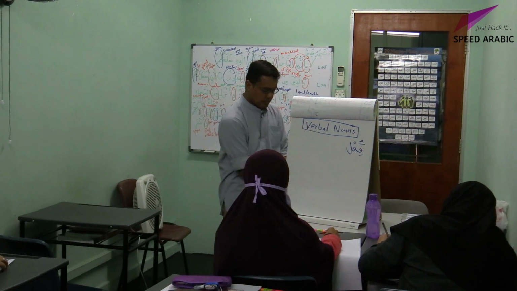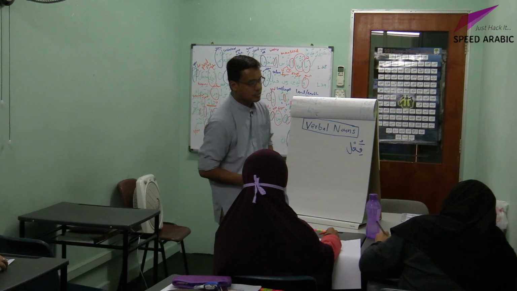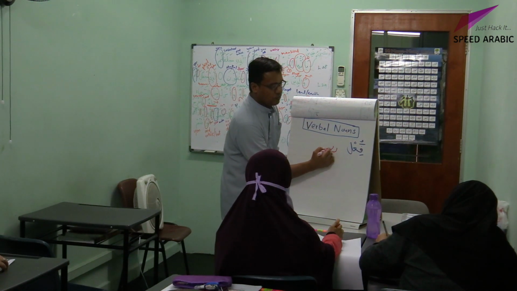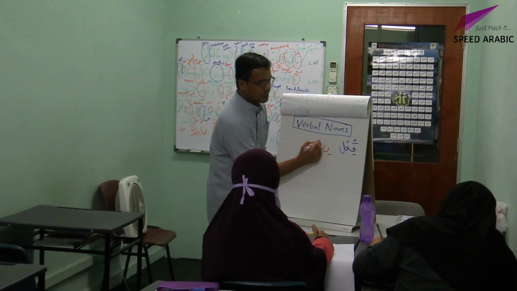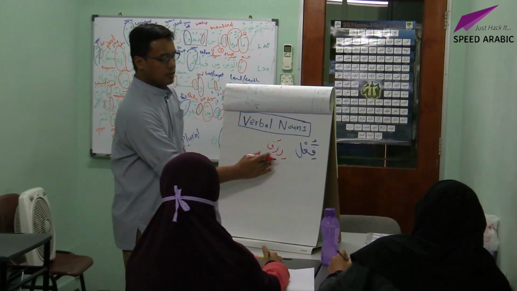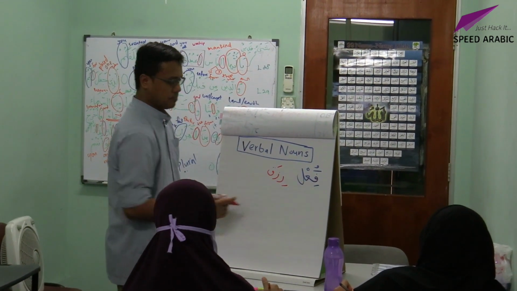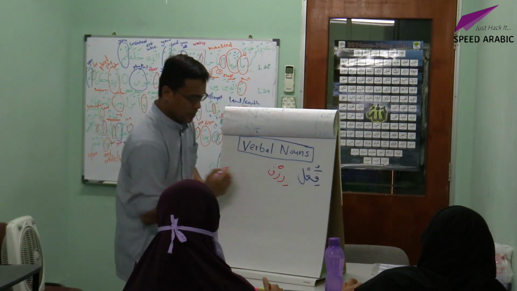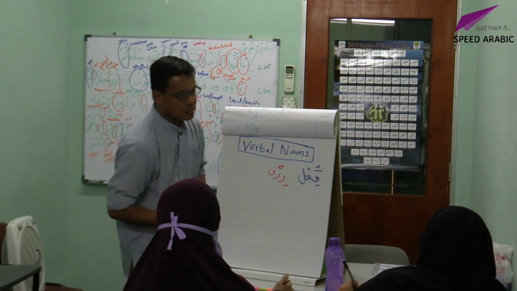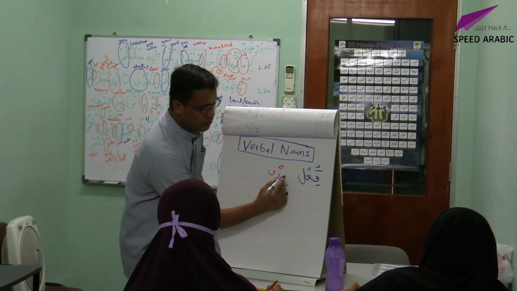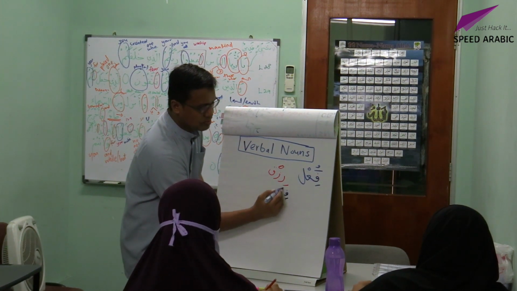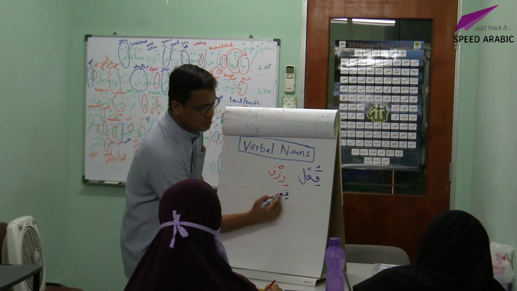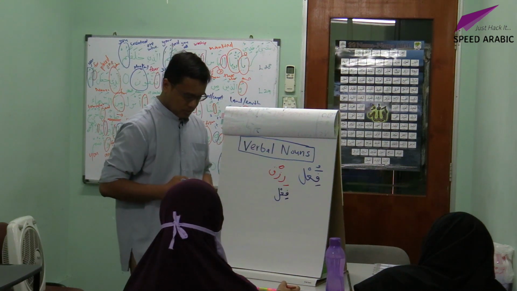Let's take rizq. So rizq would have the form of what? Rizq sounds like fi'l, right? Sorry, should be this. So rizq sounds like fi'l because first root has a fatha, second root is sukun, third root, then you get fi'l.